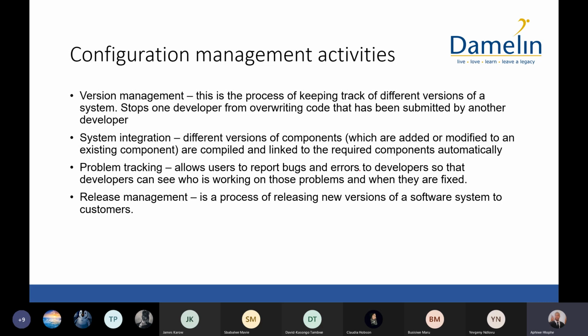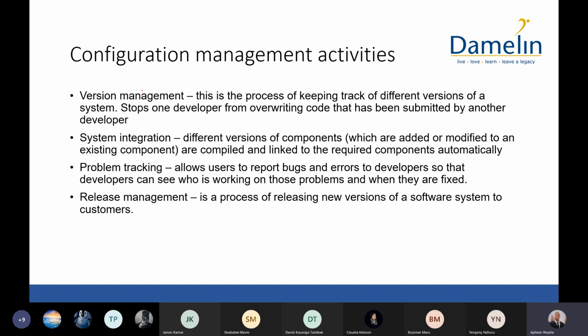It allows users to report bugs and errors to developers so that developers can see who is working on these problems and when they are fixed. We're able to track problems because all our components are in one centralized repository, and we're able to figure out, okay, so and so is still working on this particular component, or they've already synchronized the recent updates. So the difference between version management and release management is that in version management, we're dealing with localized builds, okay?